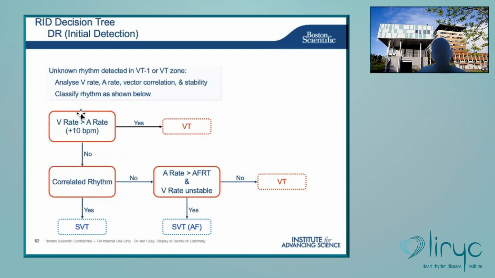If this is not true, if the ventricular rate is not faster than the atrial rate by at least 10 beats per minute, then the second step is going to be analysis of the morphology. Okay? And from there, 2 possibilities. If there is a correlation, at least 3 out of 10 cycles which are considered, then end of the analysis, the episode will be diagnosed as SVT.